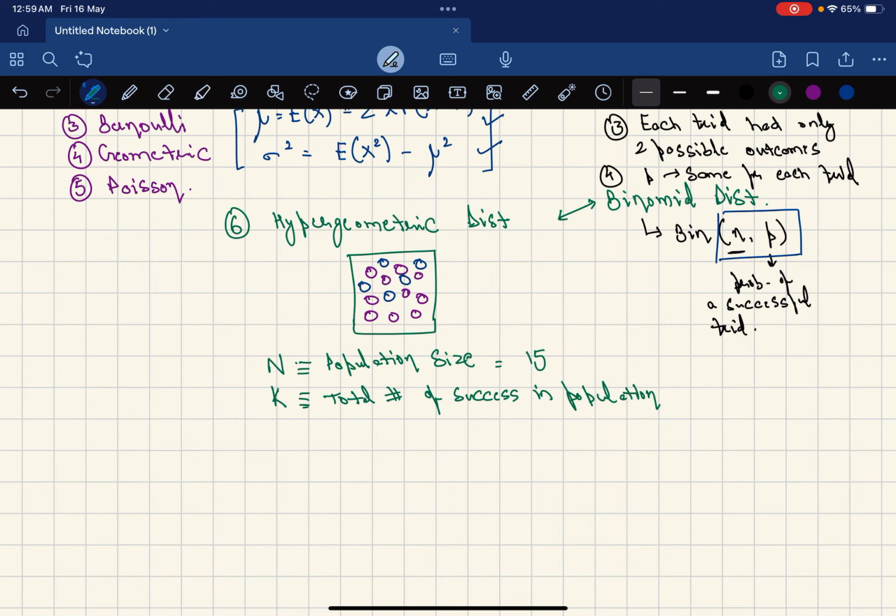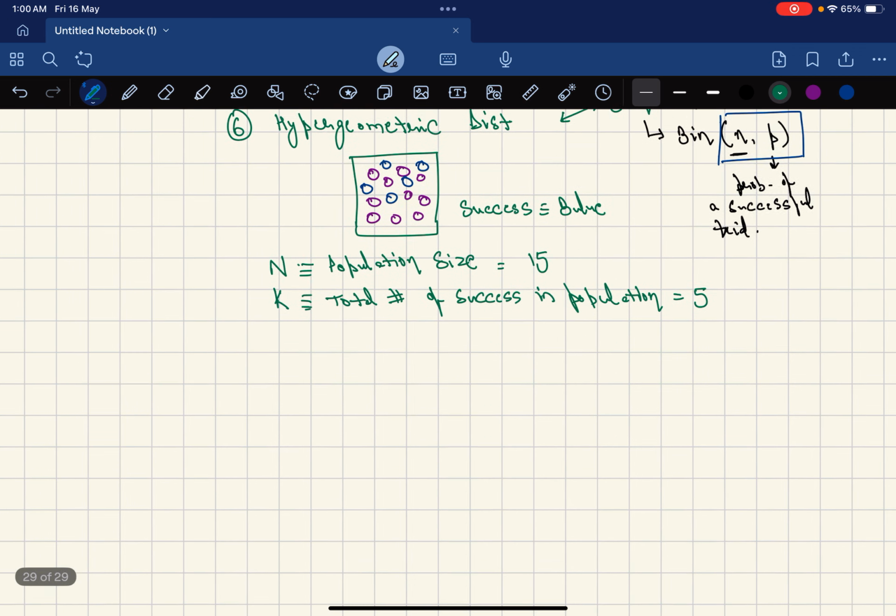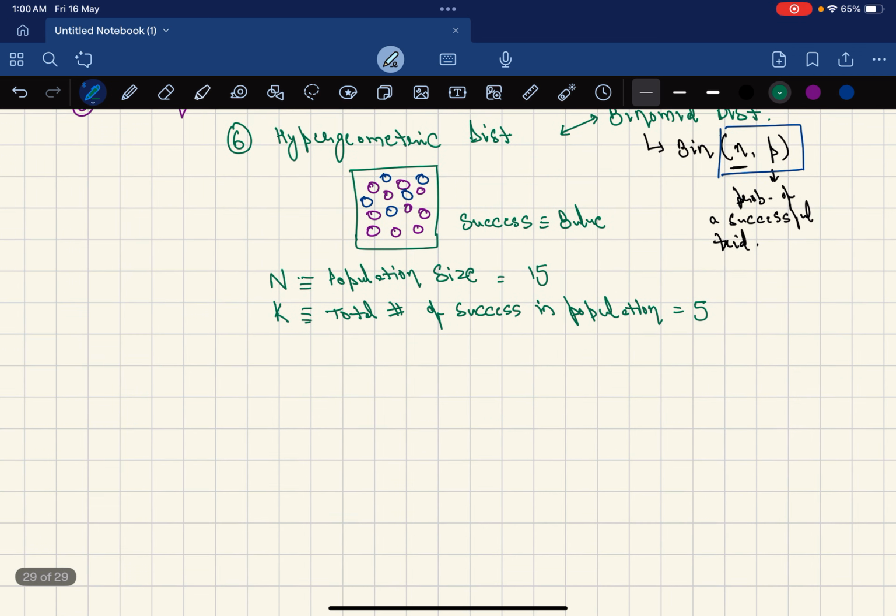Now success here could be defined by either a blue or a purple ball. Let's say in our case the success is defined as a blue ball. So the value of K in this case would be 5, since there are 5 blue balls out of the total 15 balls here. Now there's another parameter which is called small n, which is the sample size collected from the box.